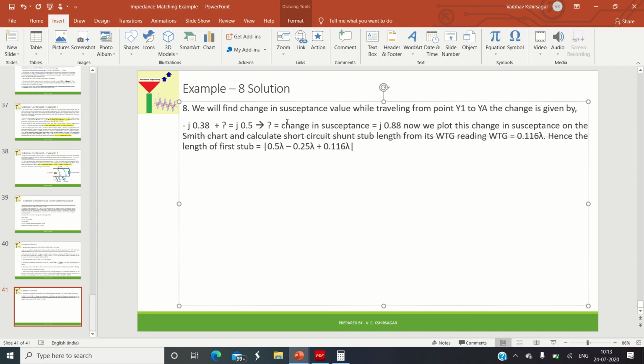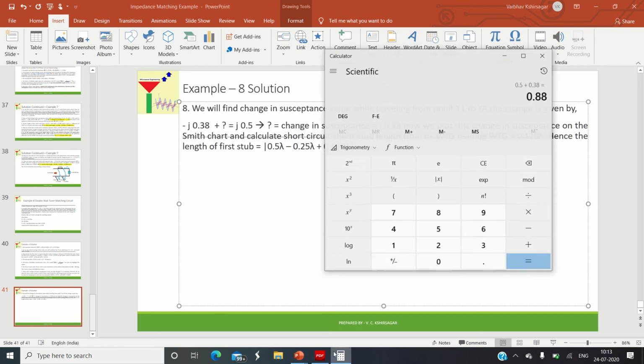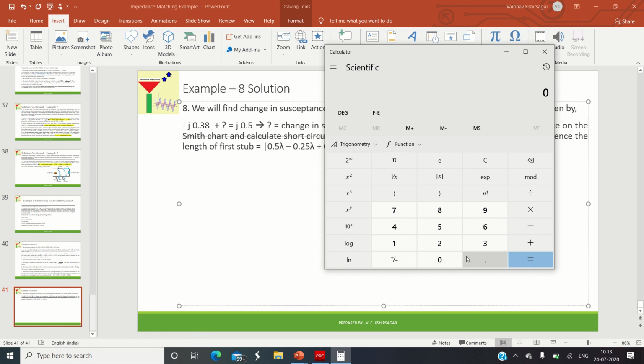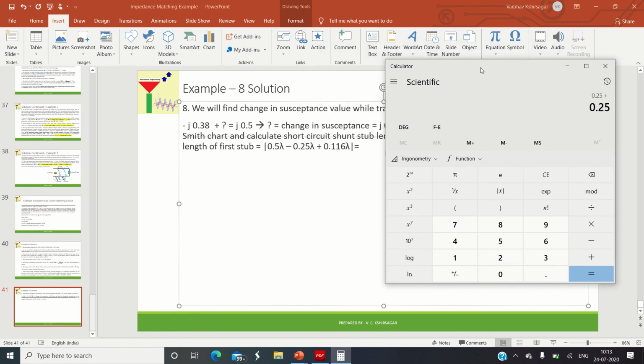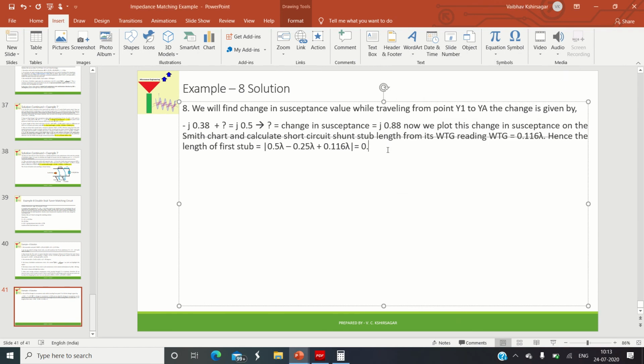If you calculate, it comes out to be 0.25 lambda plus 0.116. 0.25 plus 0.116 is 0.366 lambda. So I will get 0.366 lambda.